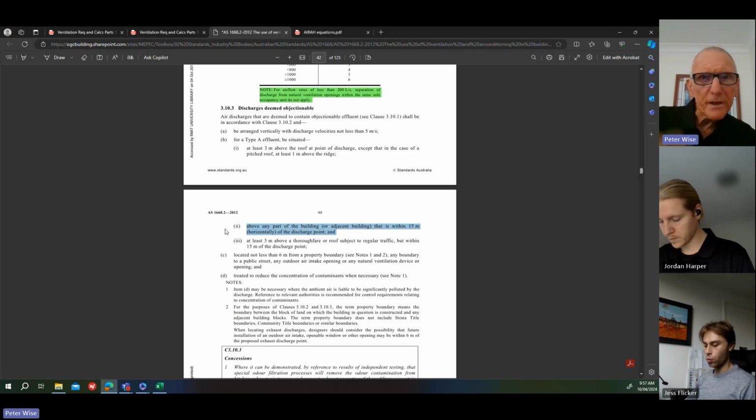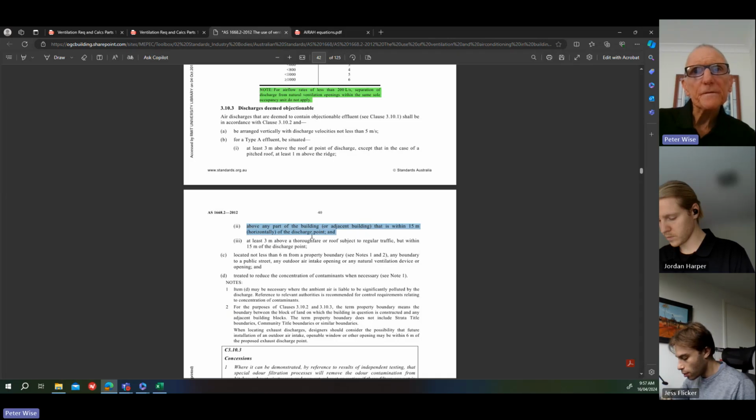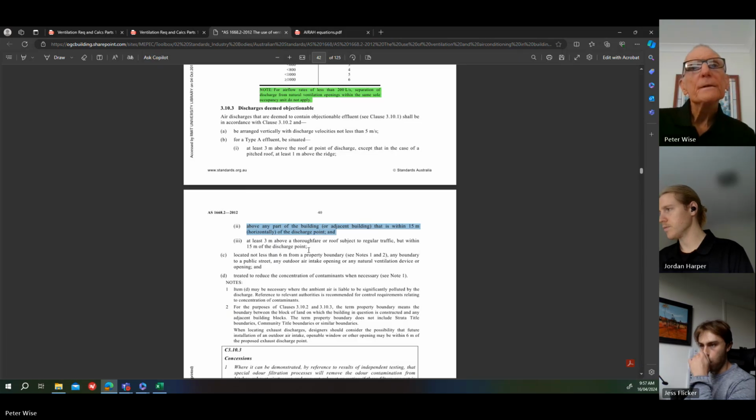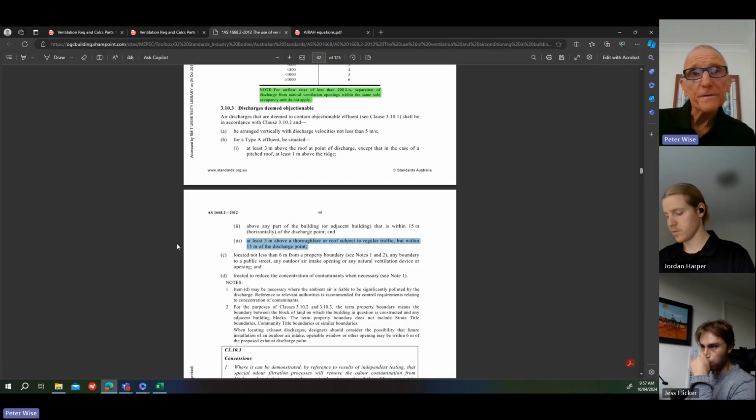You've got some flues coming up through the roof, but there's another part of the building that's higher than the main roof. If it's within 15 metres of the discharge point, then the flues have to go up even higher above that. And this is what I said before: at least 3 metres above a thoroughfare or roof subject to regular traffic, within 15 metres of the discharge point.